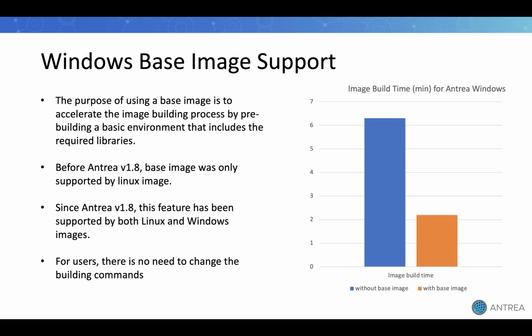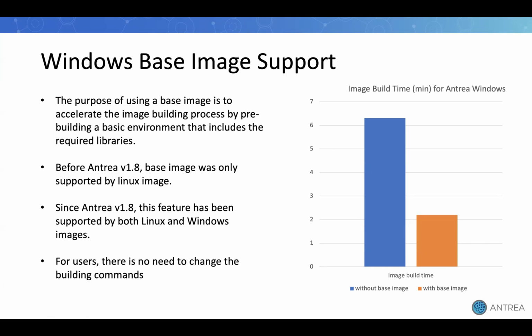Just like what we did in Linux, we started to support building the Windows base image after Antrea 1.8. On our testbed, building the latest Antrea Windows image can cost more than six minutes without the base image, but building the Windows image with base image support only takes about 2 minutes.